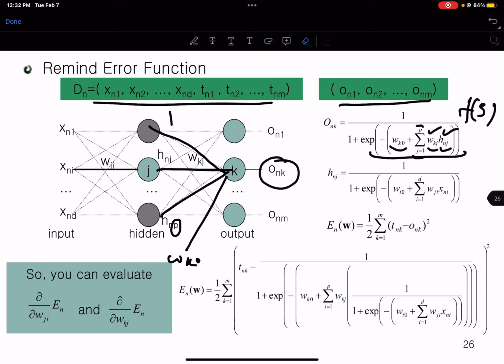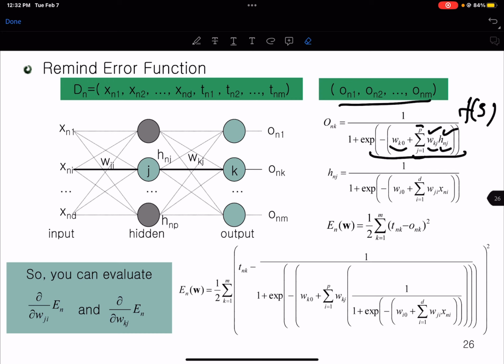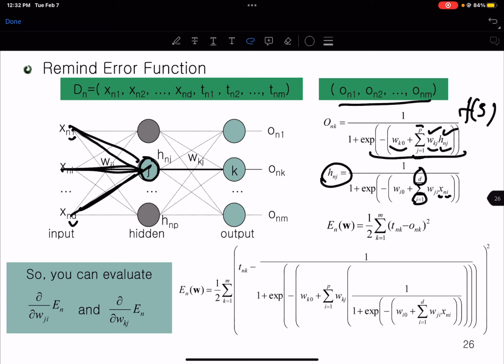And how do we define the hidden values? All the values that are coming from the previous layer, x n 1 to x n d, so x n i, where i is from 1 to d, all these values are multiplied by their weights. And how have we defined the weights? With w j i.